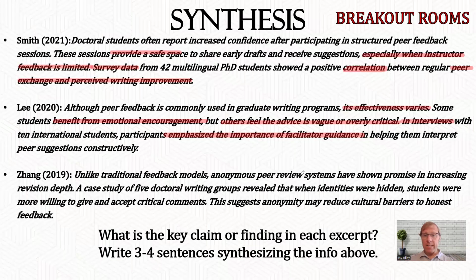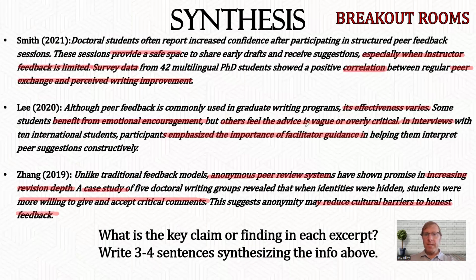John goes on and says that anonymous peer review systems have shown promise in increasing the depth of revision. And he did a case study and he found that students were more willing to give and accept critical comments, and that it can reduce cultural barriers to honest feedback.